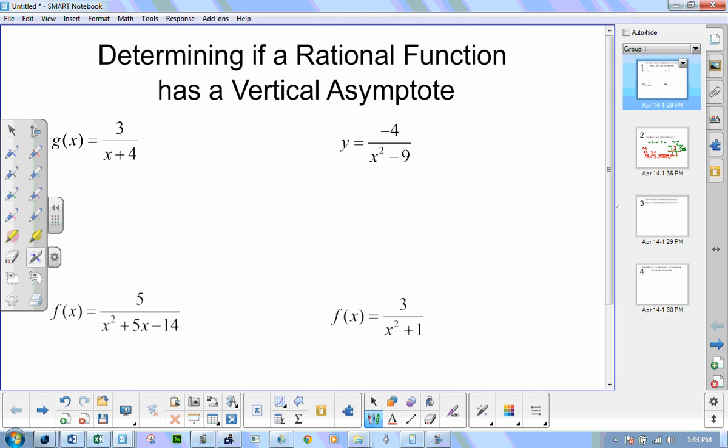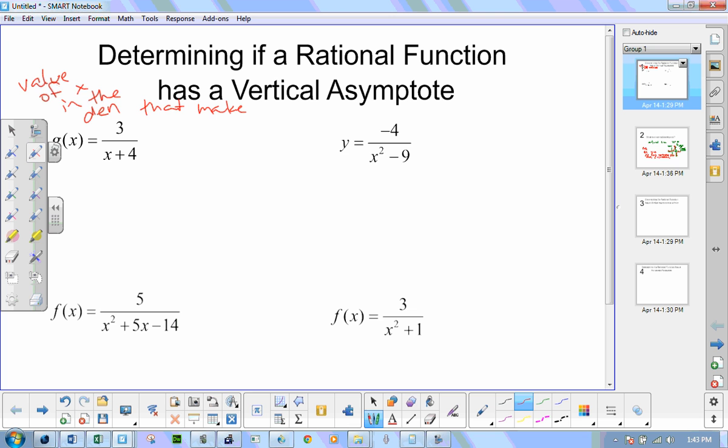In fact, they're going to happen where you have a value of x in the denominator that makes the denominator only equal to 0.